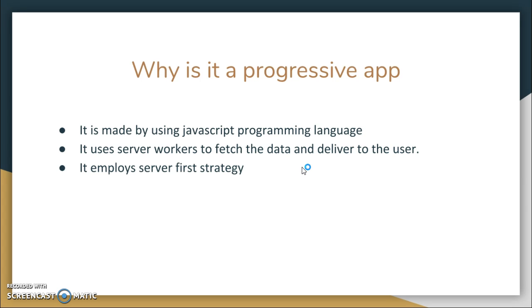The server-first strategy is that when a user visits the website, first it tries to connect to the web server and fetch the data. If the web server is not available, then the service worker goes and fetches the data from the cache.